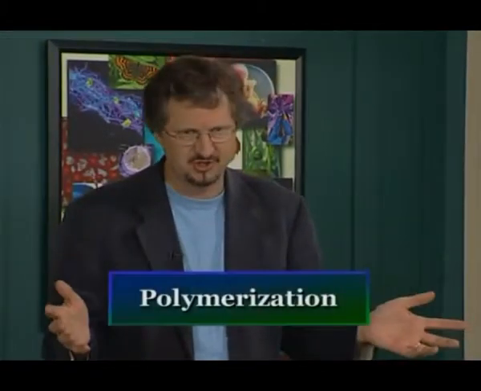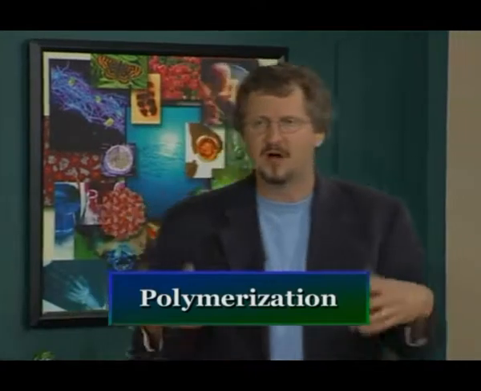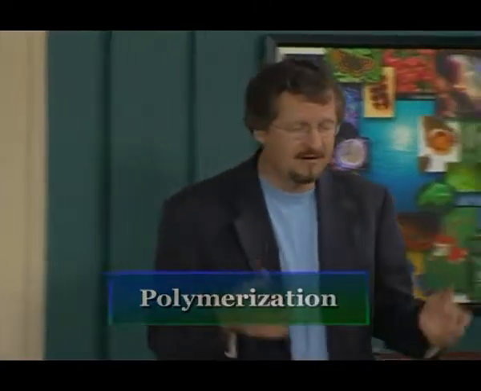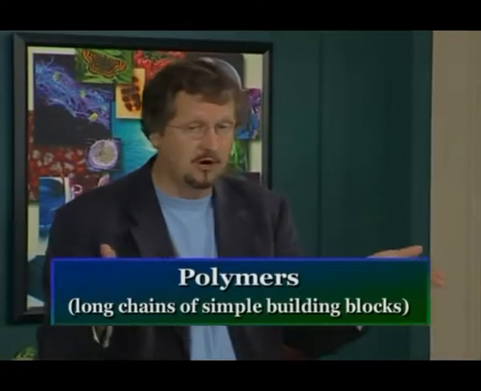Now, the technical term for this is polymerization. In other words, complex organic molecules like proteins or, say, DNA or RNA, these things are polymers that are long chains of building blocks, which we might call monomers. So what Miller was able to do was make the building blocks.